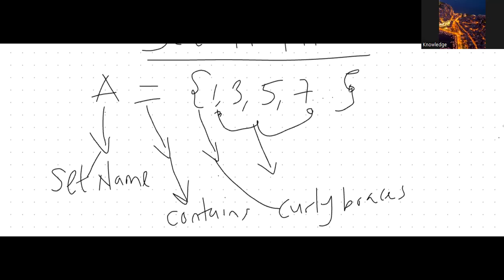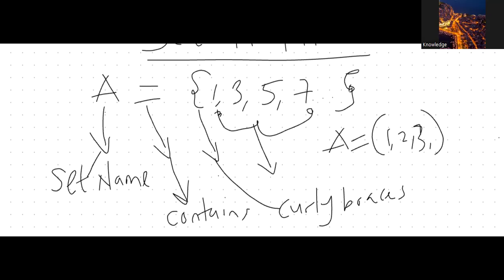So if I see something like this, for instance, if I see A is equal to this kind of bracket, 1, 2, 3, this one is not a set. A set uses the curly bracket.